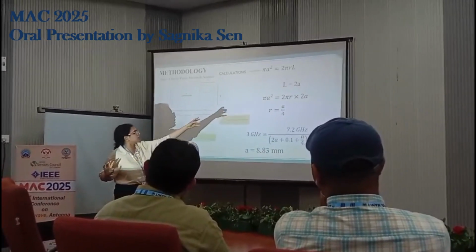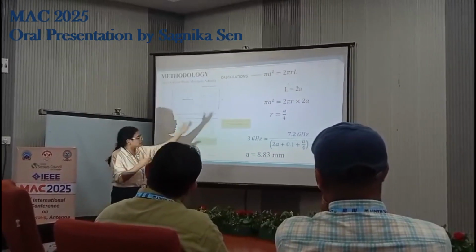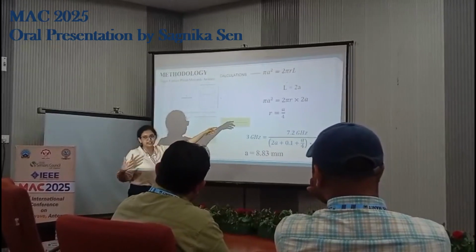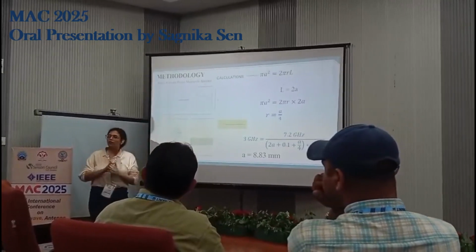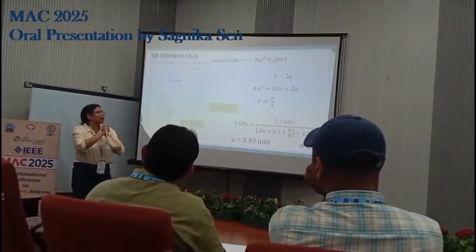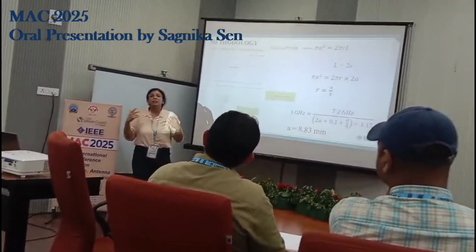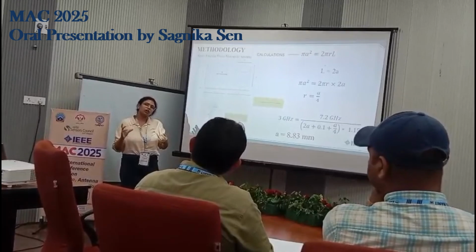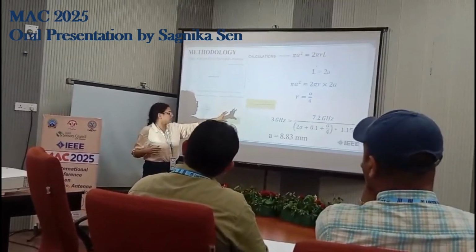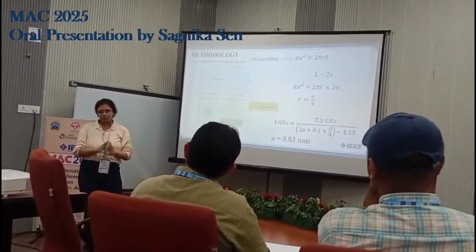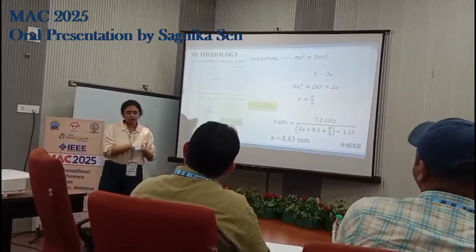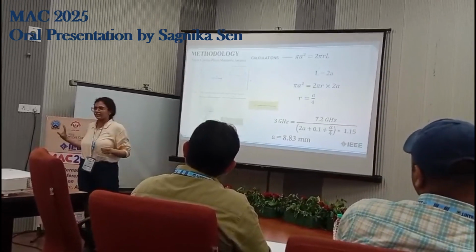Now I put this in the formula, and I found a relationship between R and A, where R is equal to A upon 4. Now that I got the values of L and R in terms of A, I could solve for A by putting it in the formula. Ultra wideband applications have a frequency range from 3.1 gigahertz to 10.6 gigahertz.